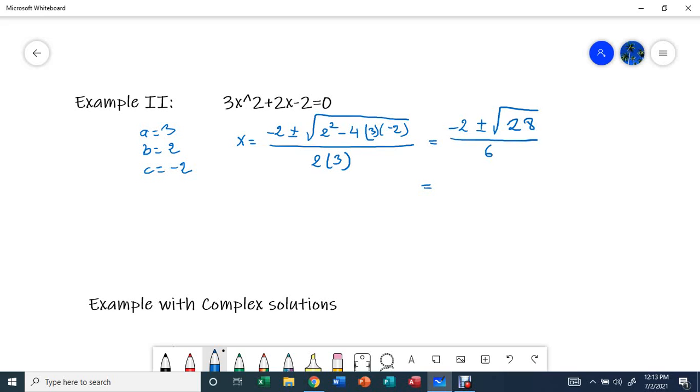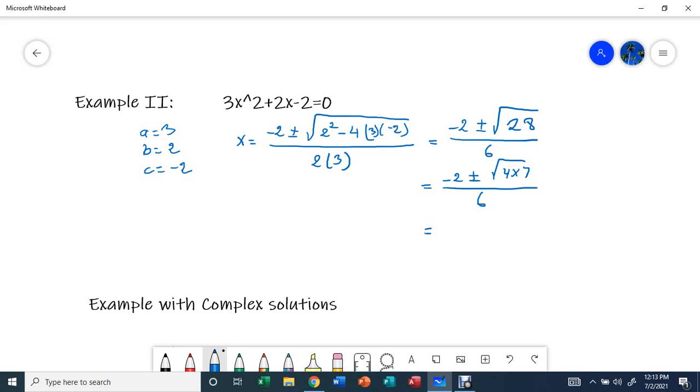And 28 can be written as 4 times 7, divided by 6.